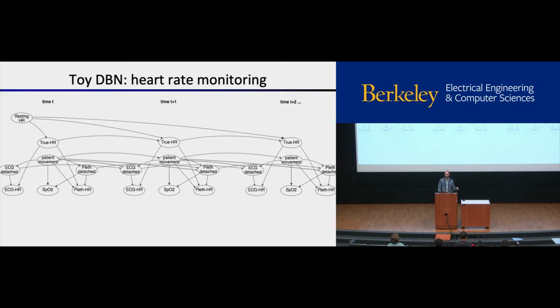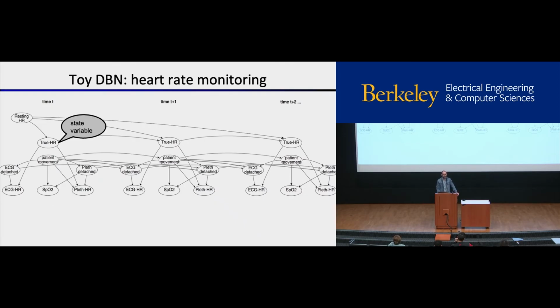And so here's a diagram that aims to capture the causal structure and therefore aims to capture a concise way of representing the joint distribution over all of these variables. This is the fraction of oxygen that's in your blood, so I guess it's also monitoring that.